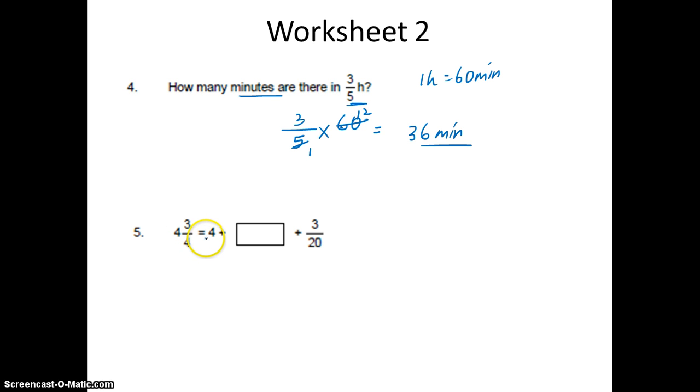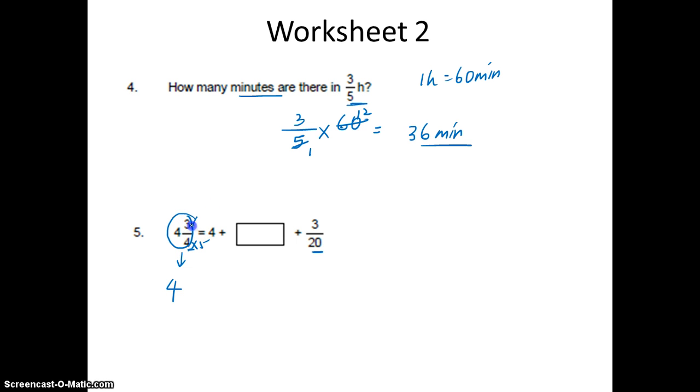4 and 3/4 equals 4 plus how many plus 3/20? I know that when I add or subtract fractions, my denominator must be the same. So first I need to convert this to the same denominator.